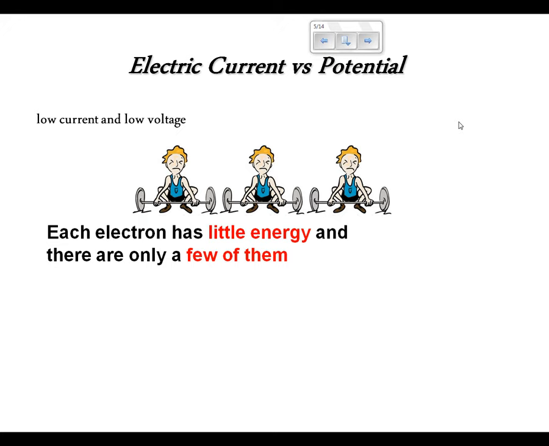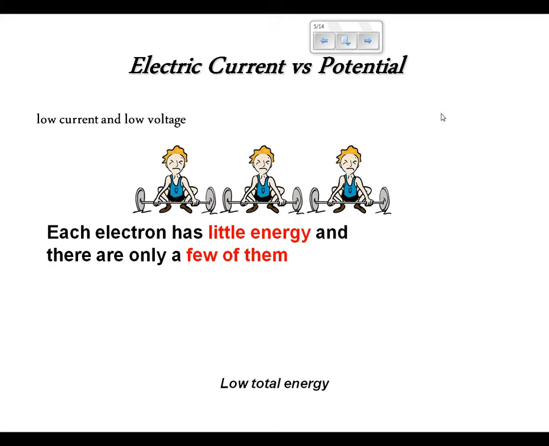What's the total? It says equals and then there's a big blank line. What's the total energy? Low total energy. Skinny guys, and there's only 3 of them. Low total energy. That goes on that big, thick black line.